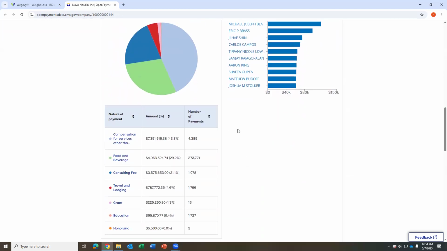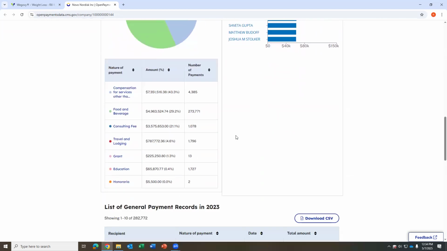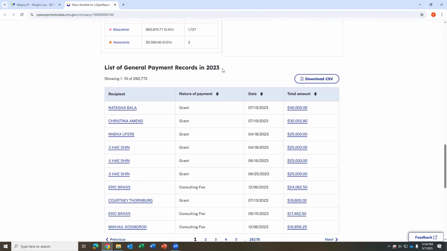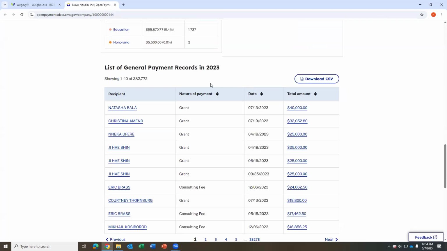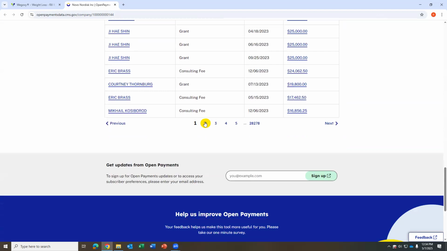We would consider them key opinion leaders or experts specifically on Wegovy. It breaks down all their payments in a variety of different areas, so compensation, food, beverage, consulting, etc. And it even gets down to the point where it provides the specifics of general payments. And this is only in 2023. The data is a little bit delayed, but it's important that you have the ability to go through and click.